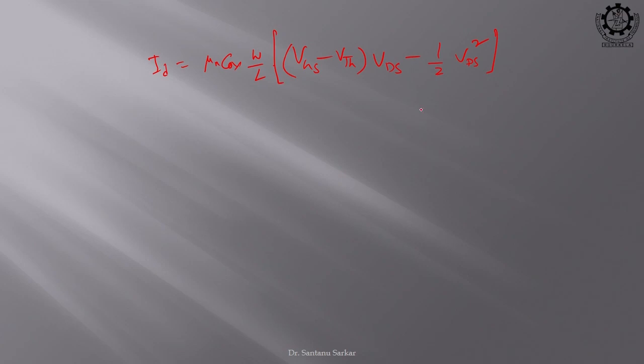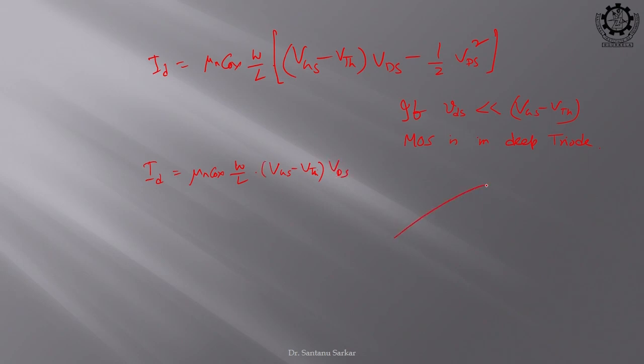So, one expression we have seen: if VDS is much less than VGS minus VTH, this square term we can neglect. This is known as the deep linear region, right. So, the MOSFET is in deep triode, and your current expression becomes mu n Cox W by L (VGS minus VTH) into VDS.